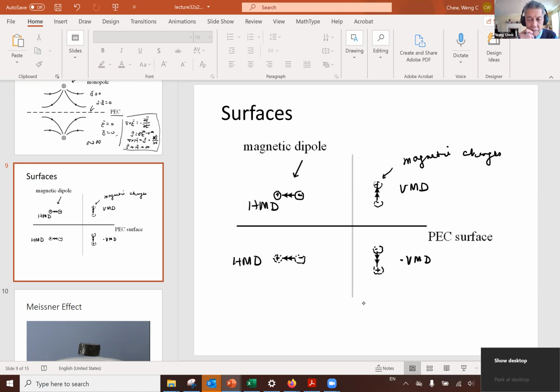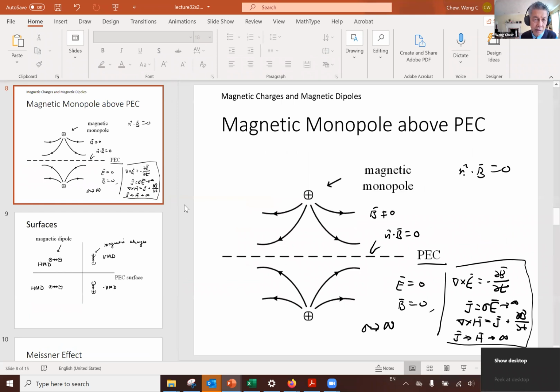So a vertical magnetic dipole reflects to something that is negative of itself over a PEC surface. A horizontal magnetic dipole reflects to something that is the same as itself on a PEC surface. And this is opposite compared to the case of the electric dipole that we talked about earlier.